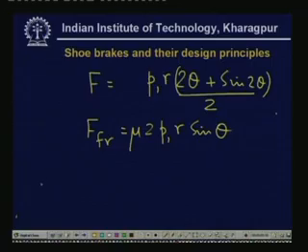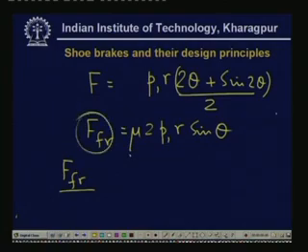So, if you divide this total frictional force, that is this Fr, the significance is that this is the equivalent concentrated force which will apply the same frictional torque. So, this divided by F gives the equivalent mu prime, the equivalent coefficient of friction.